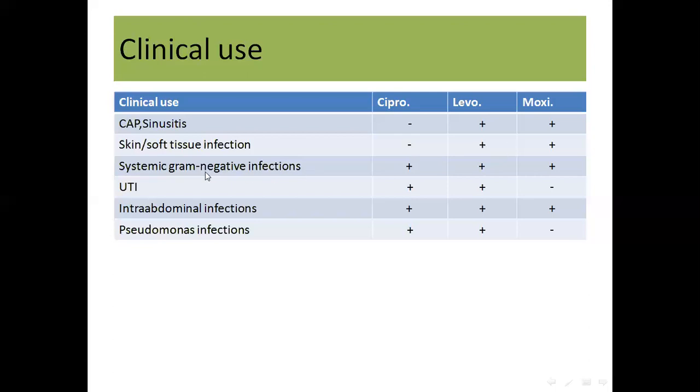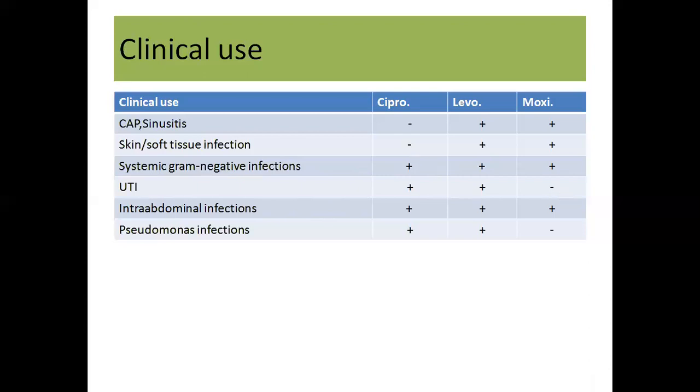For systemic gram-negative infection, we said all of them work on gram-negative infections, so all of them can be used. For UTI, we expect a gram-negative infection and Cipro and Levo can be used but Moxi cannot be used. Why?